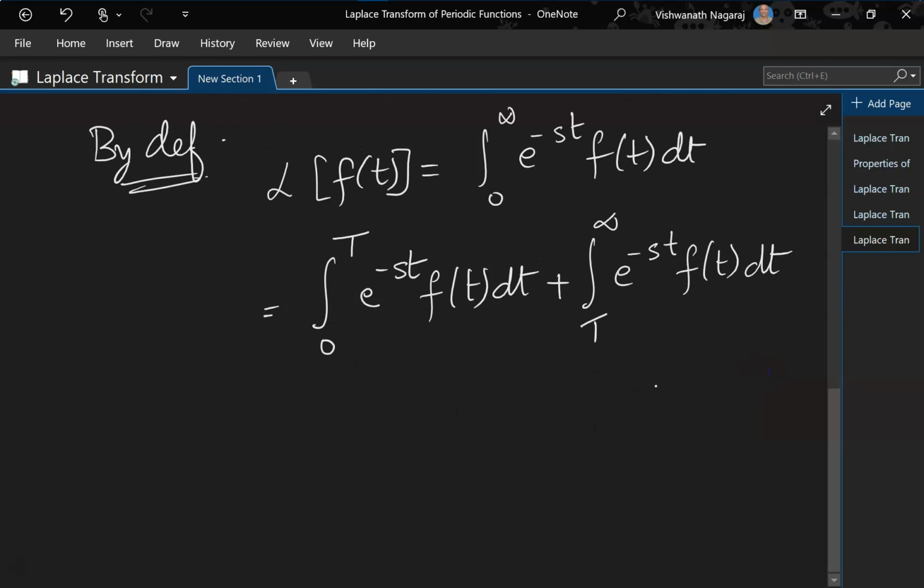Now, since this is repetitive, we have kept the first period separate, and the rest is one function which repeats.